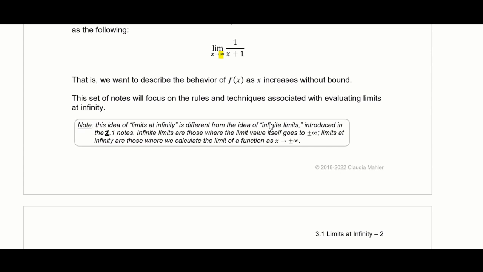Limits at infinity, what we're going to be talking about now, are what's going on when we're letting the input go to infinity, taking the limit as x goes to infinity. So infinite limits are cases where the limit calculation ends up being positive or negative infinity. Limits at infinity are cases where our input is going to positive or negative infinity. Just to clarify that, because they sound a little similar, but they are quite different things.